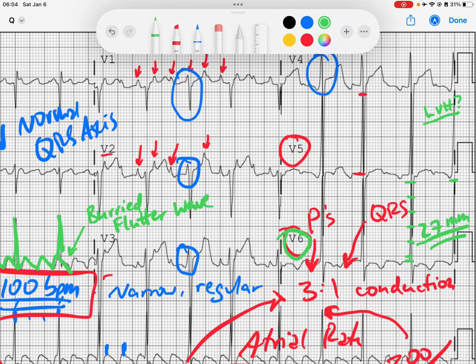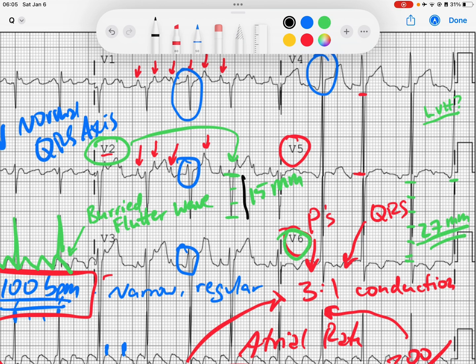And if I go to the S wave of V2, on this QRS it's roughly this deep. I've got 5, 10, about 15 millimeters of amplitude in my S wave.